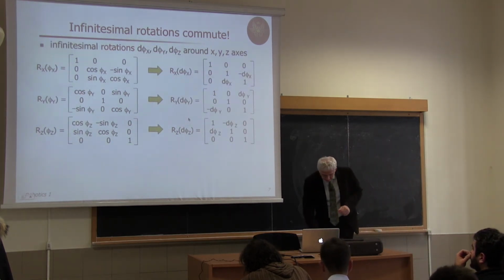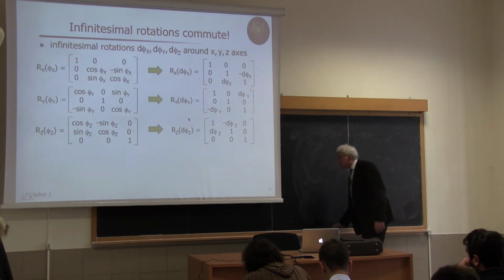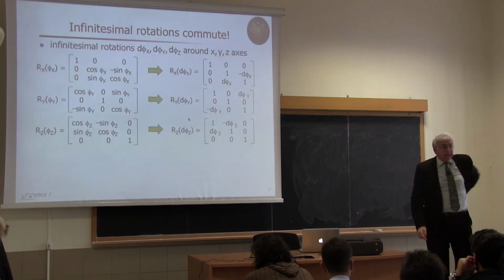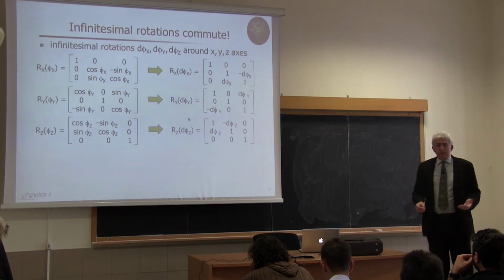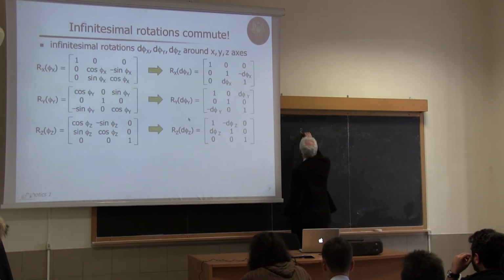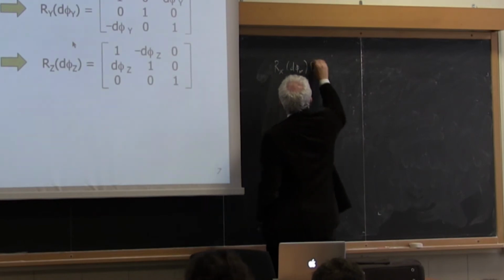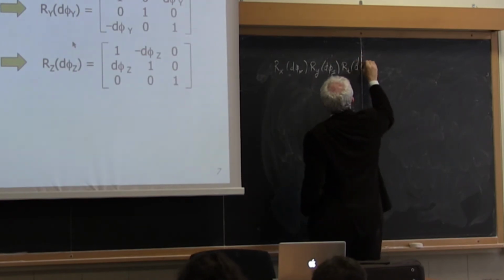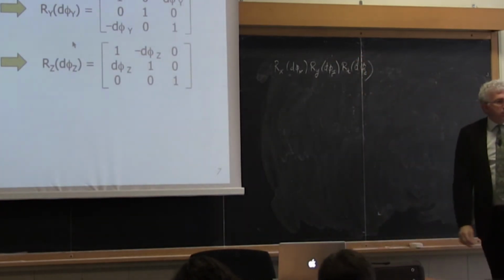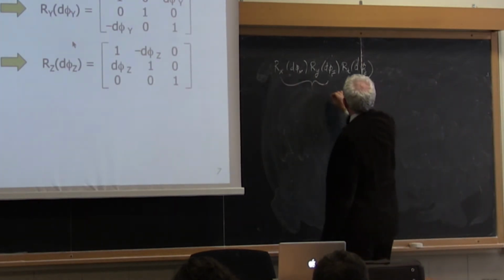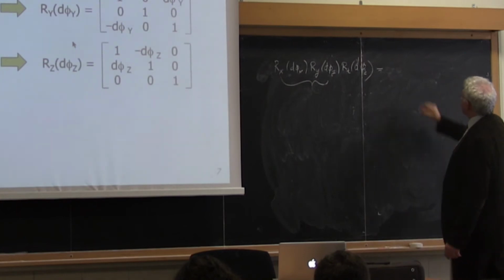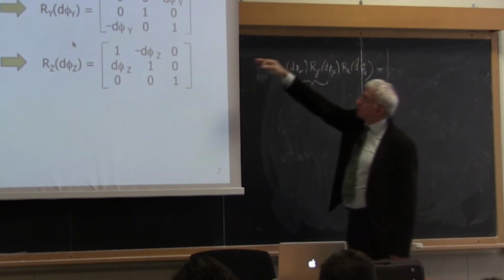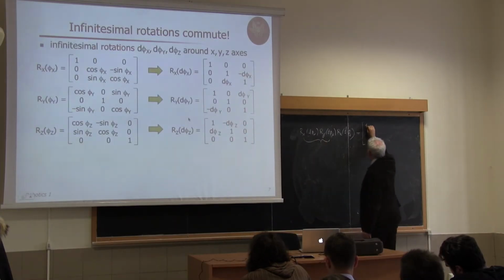Now, let's do the following. Now, suppose that I want to make the concatenation of these 3 infinitesimal rotations, and I take one order. So let's do the natural order, Rx d phi x, then Ry d phi y, then Rz d phi z. And I want to compute the result. So this is this first product. Now so first row, 1, 0, 0 times first column gives a 1.